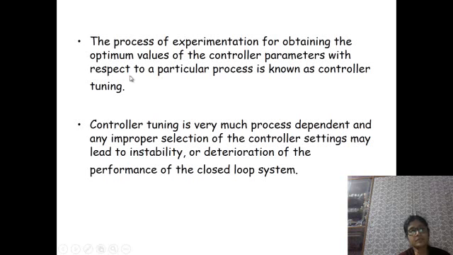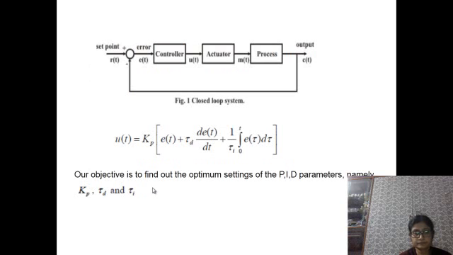So choosing the optimal values of the controller parameters for a particular process is known as controller tuning, and this is very much process dependent. Any improper selection of the controller settings may lead to instability or deterioration of the performance of the system.